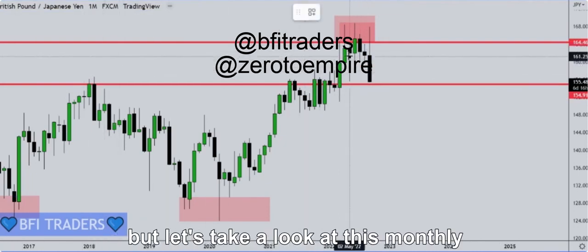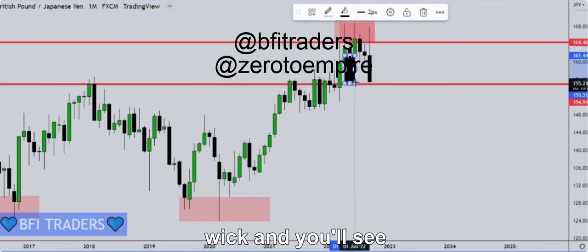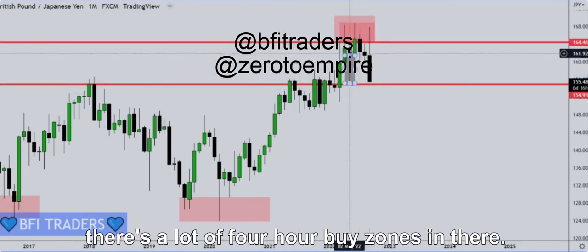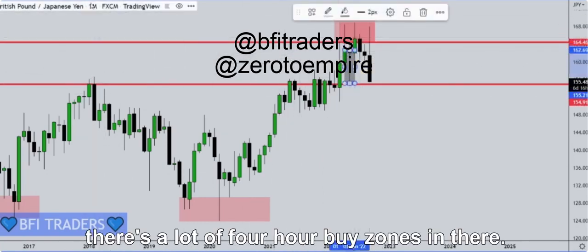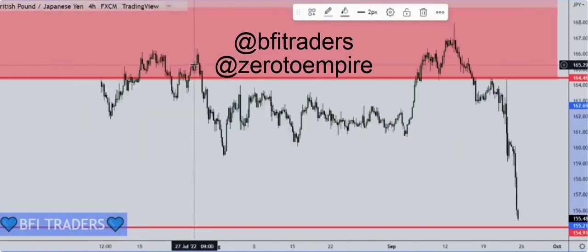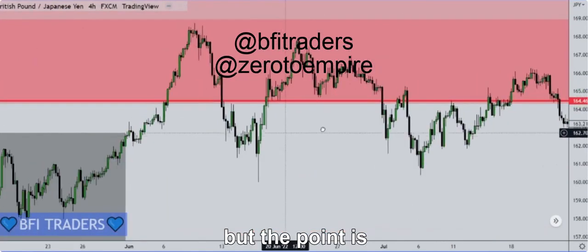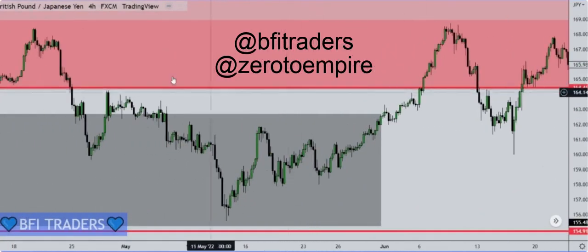But let's take a look at this monthly wick, and you'll see there's a lot of 4 hour zone buy zones in there. Well, not a lot, but the point is there's always going to be buy zones. Okay.